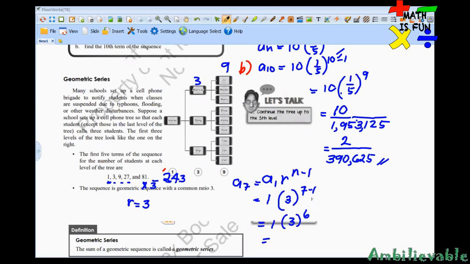So what would be the value of 3 raised to the power of 6 on your calculator? Is it 1,458? Check it again.